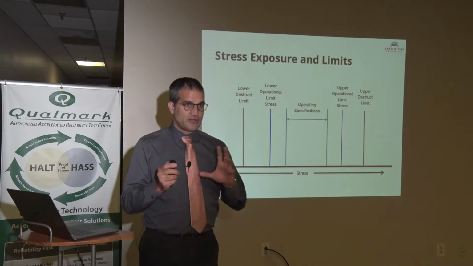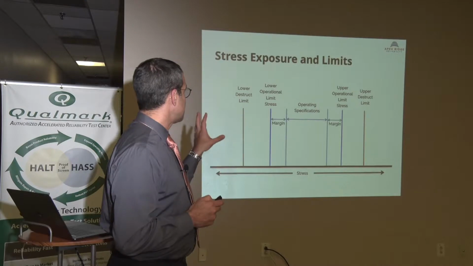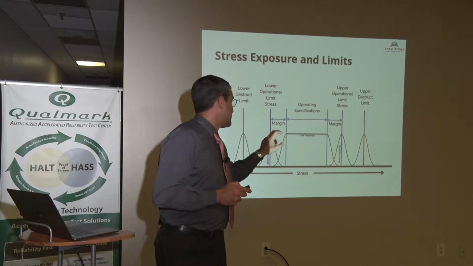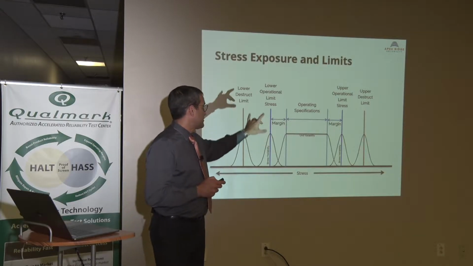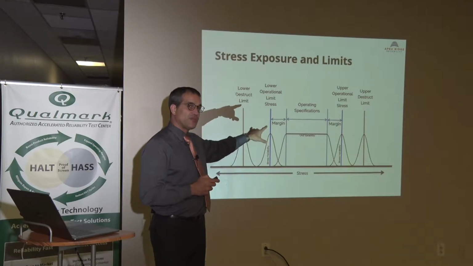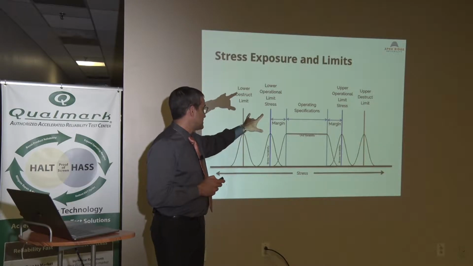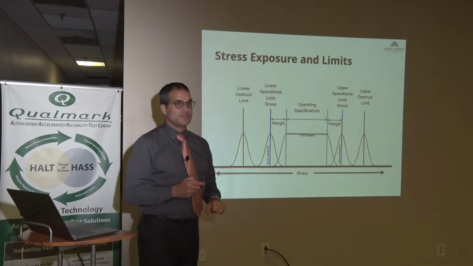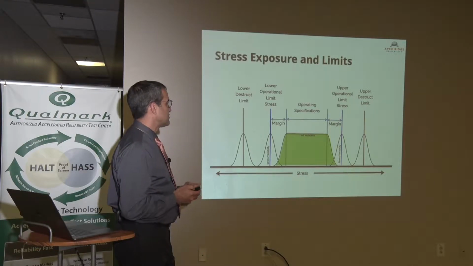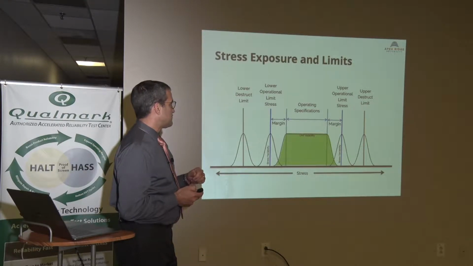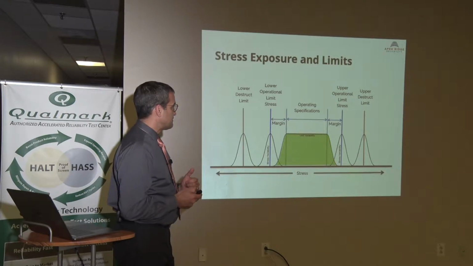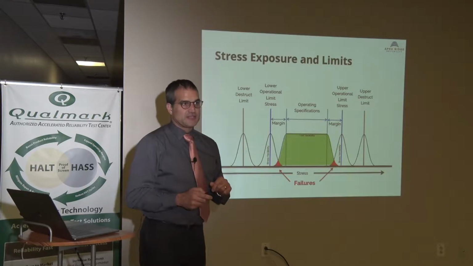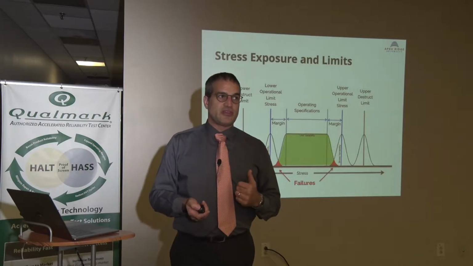So I know in HALT testing we looked at this, but for people who are just attending the use case 7 part of the discussion, the center part here with the operating specifications is how the unit is intended to be used, and the upper and lower limits are where the performance begins to drop off. And so our margins are between those two. The green body represents the entire population. And the overlap with the upper and lower limits is going to be your percentage of failure.